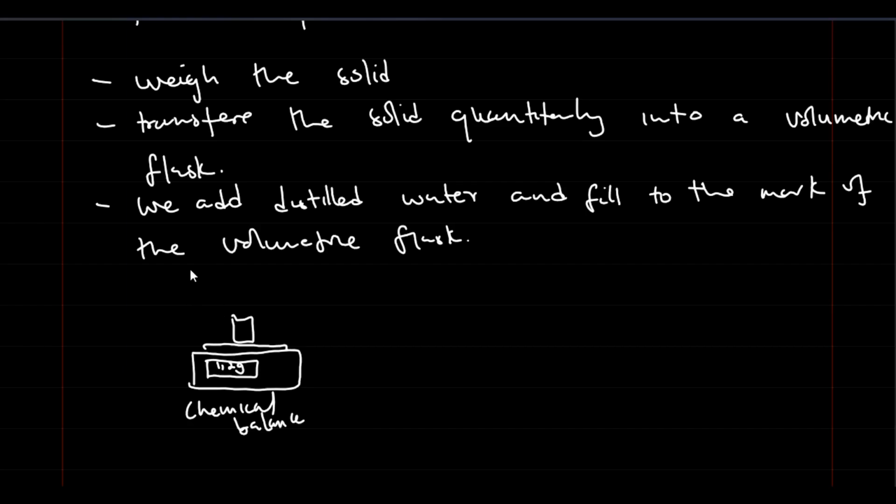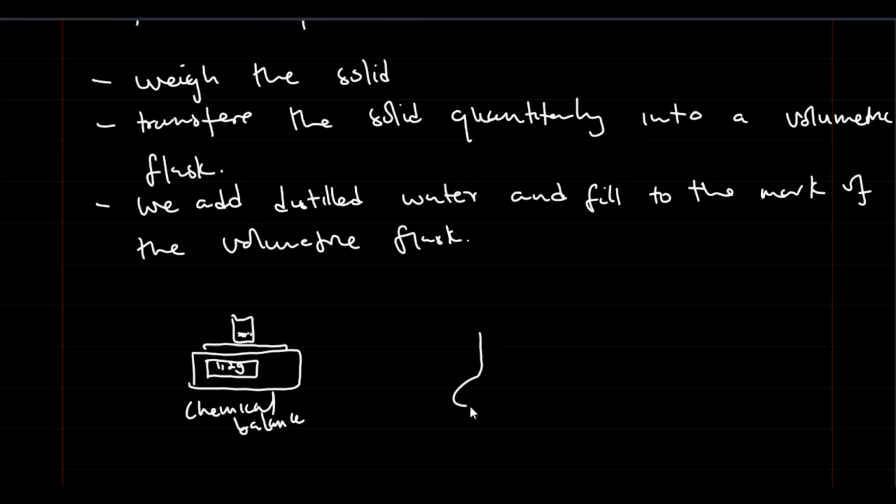It has some windows, you can close them to prevent vibrations from disturbing the accuracy of your results. Okay, so now after weighing this solid inside this weighing beaker, we transfer the solid into what?